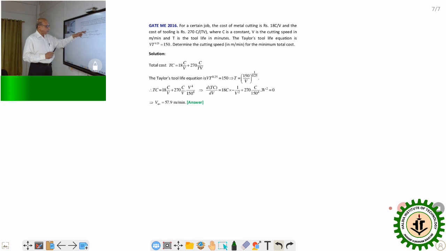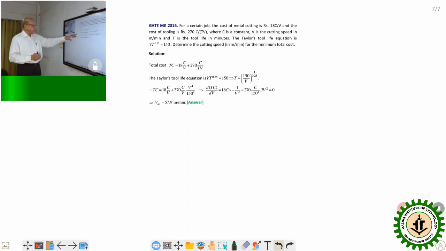Now in this particular experiment, C is constant. The tool life T, from Taylor's tool life equation, is supposed to follow V T to the power 0.25 equal to 150. If we express T in terms of V and replace it in the expression, then on the right hand side we have only one variable, V, because C is constant.